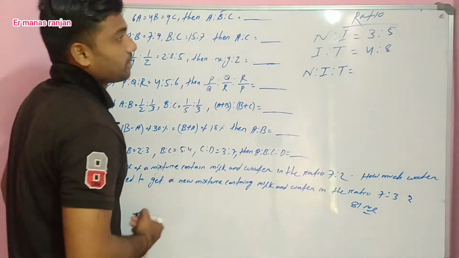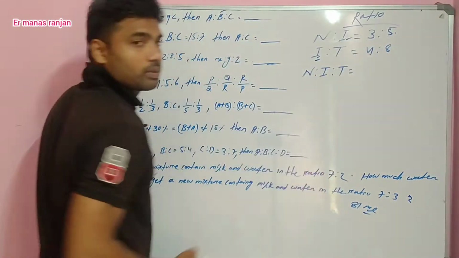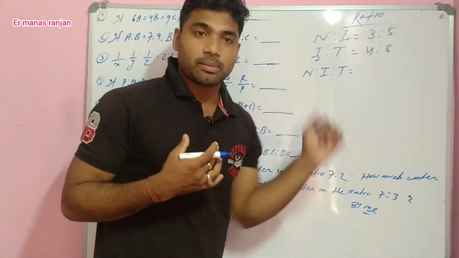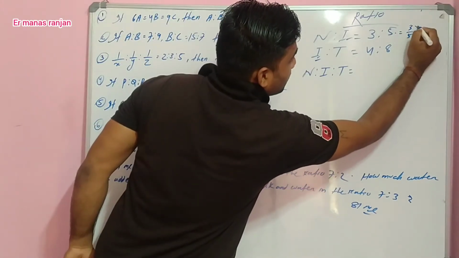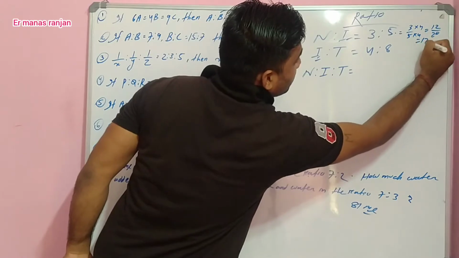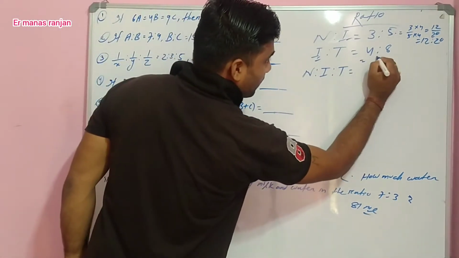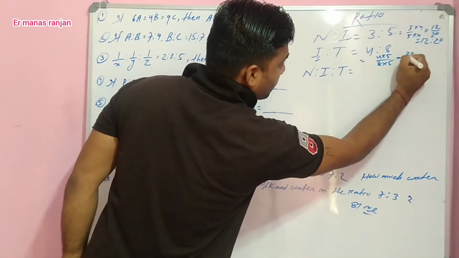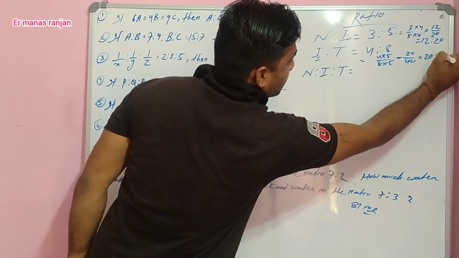Okay, let's see. Here Isant varies: 5 and 4. So try to convert it into the same number. So 3 by 5 into 4 by 4, it will be 12 by 20, or 12 is to 20. If you multiply 5, 4 into 5, 8 into 5, it will be 20 by 40, which is 20 is to 40.